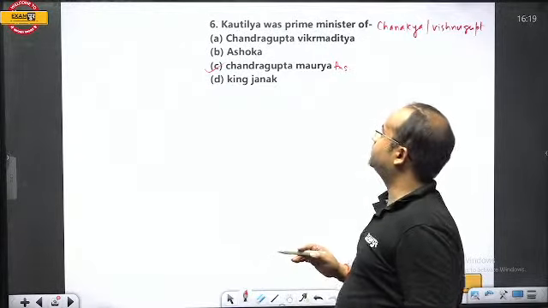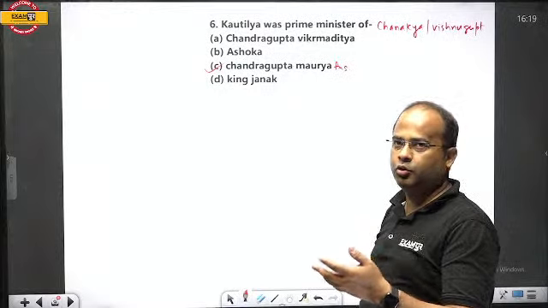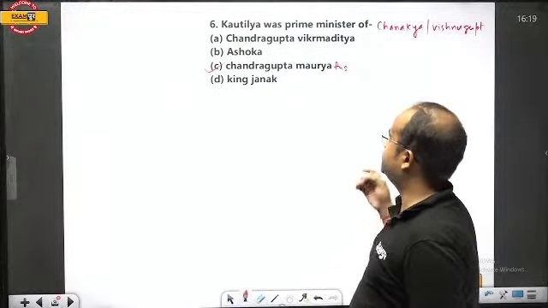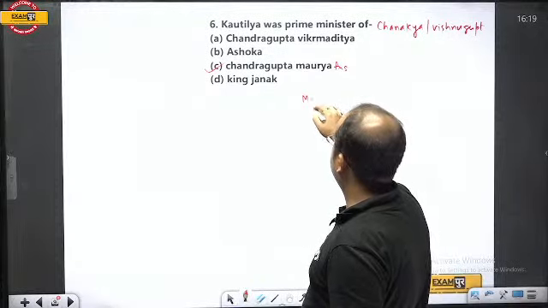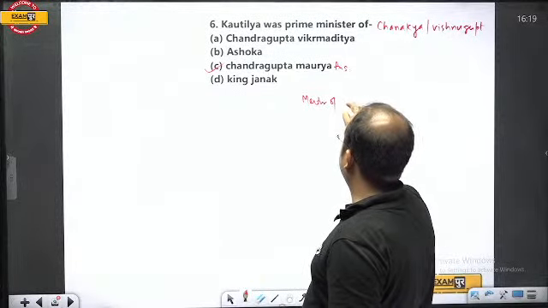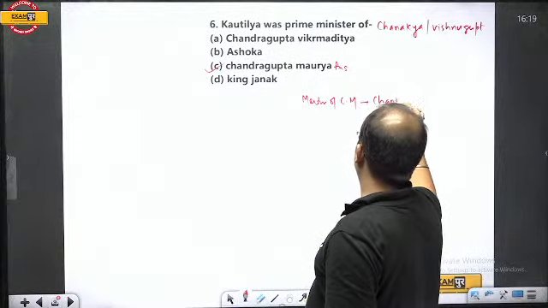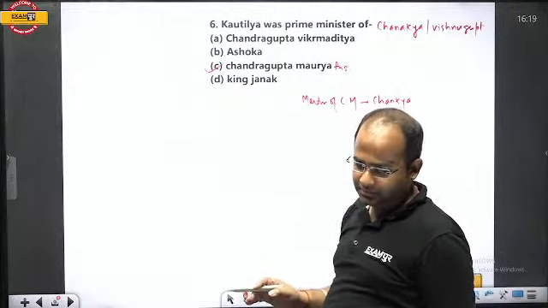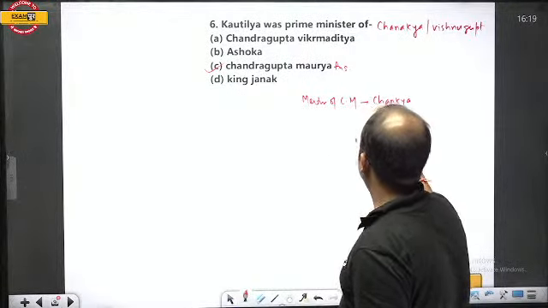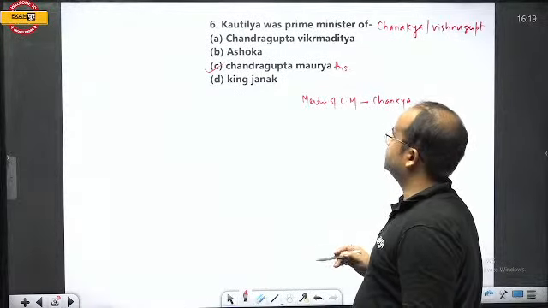Chanakya was in the court of Chandragupta Maurya as a prime minister, and he was also the mentor of Chandragupta Maurya. Chanakya worked with Chandragupta Maurya and Bindusar.